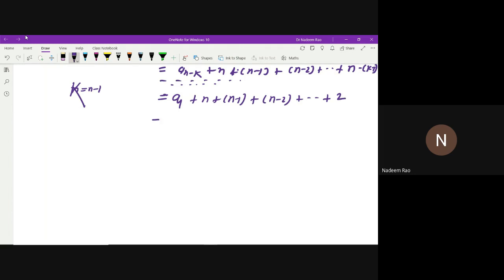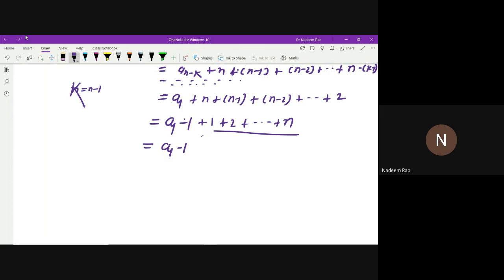So it can be written as a_1 minus 1 plus the sum of the first n natural numbers.